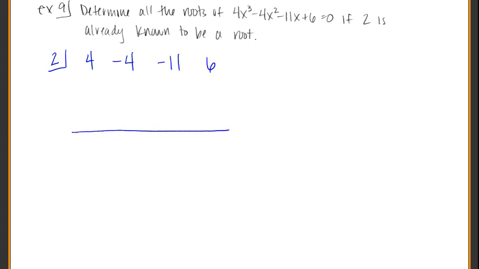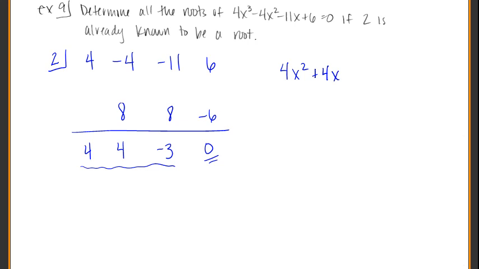So drop the 4, multiply, add, multiply, add, multiply, and add. That's a very good sign I got 0 because it tells me that 2 should be a root. Now remember, this is just the coefficients of the remainder polynomial. So drop the degree by 1, so 4x squared plus 4x minus 3.